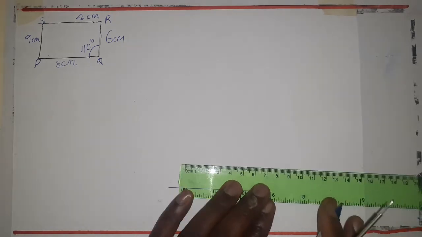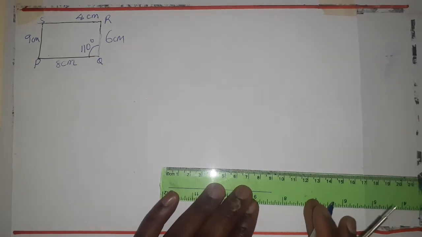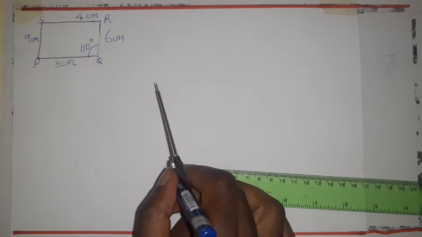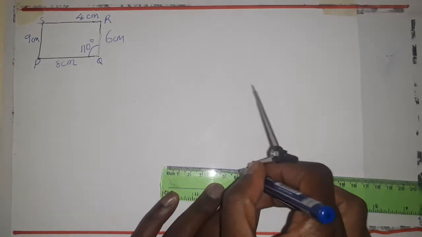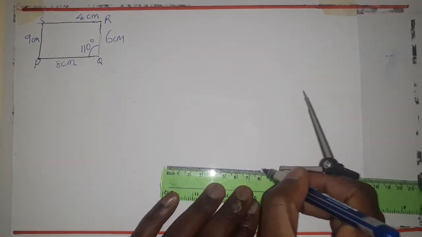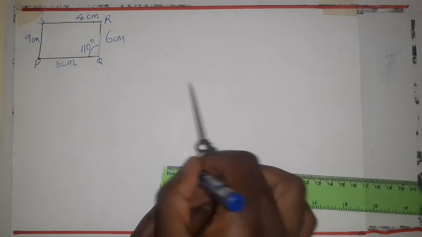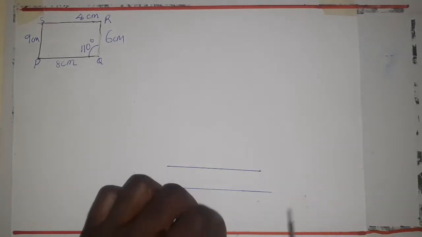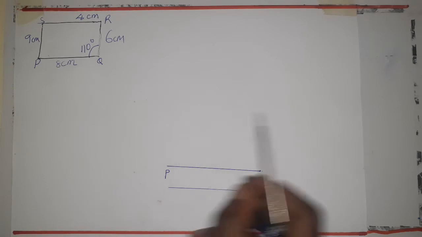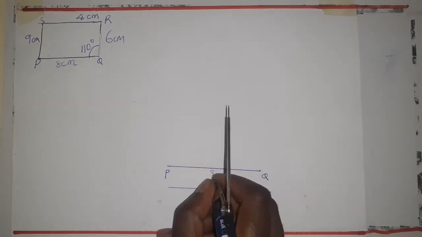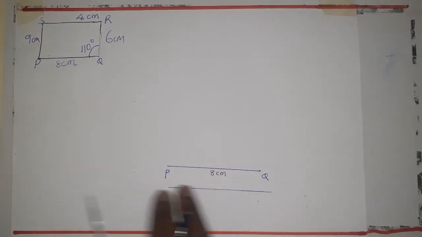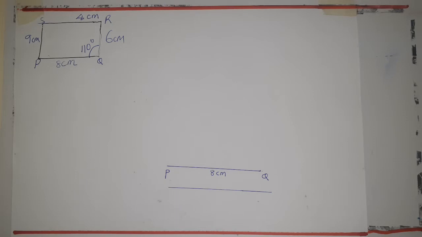Let's take it up there. 8 centimeters from here up to this one. This is our P and this is our Q. This is the 8 centimeters. I can't erase this one, so let's leave it, but ignore it. So we continue.